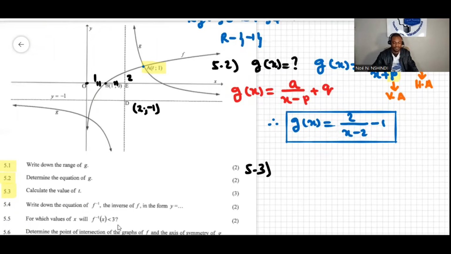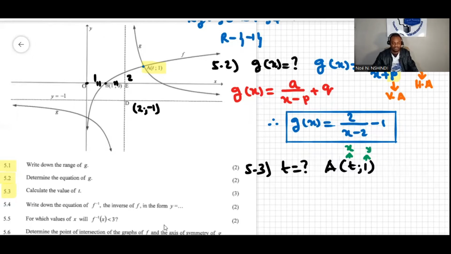5.3. We're looking for t. Now, the fact that the coordinate of A is (t, 1), that's given. So the t stands for the x-intercept, and then 1 the y-intercept.